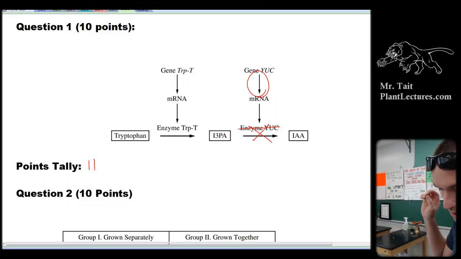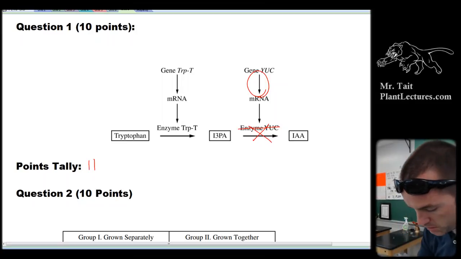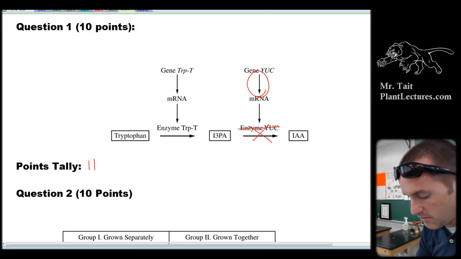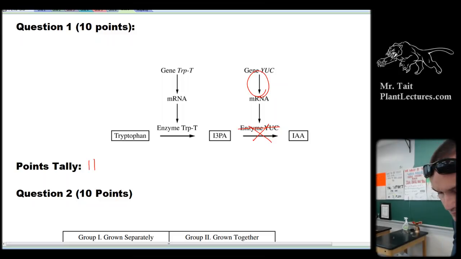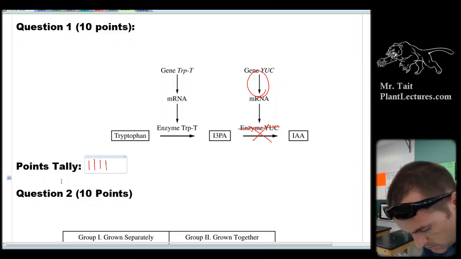And so that is going to significantly decrease or stop the production of IAA, because if you can't produce TRPT, then you can't make I3PA, and if you can't make I3PA, you can't make IAA, right? So that's 2 points. 1 point for saying that it's a nonsense mutation, 1 point for saying that you can no longer make IAA.